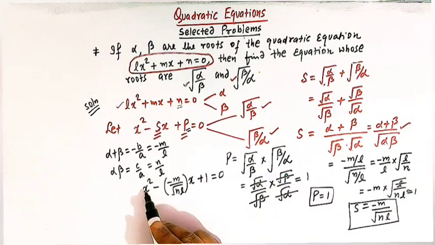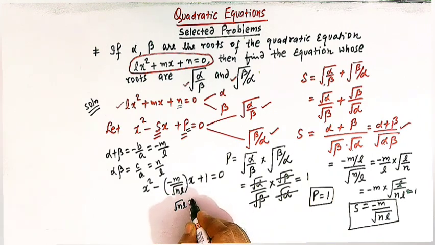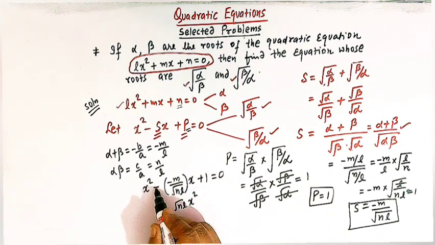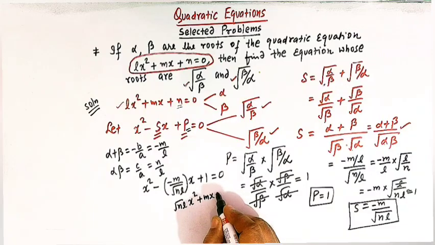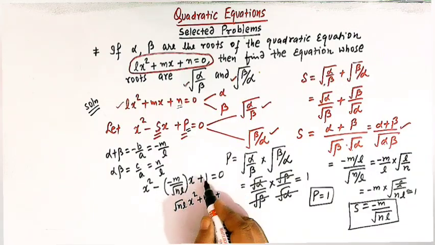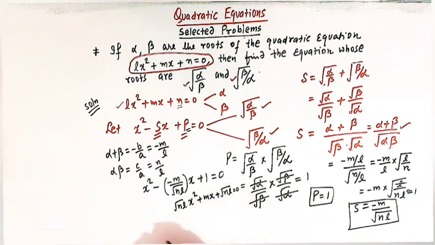Now multiplying throughout by square root of n times l, we have square root of nl times x square, minus and minus multiplied together becomes plus, so we have plus mx, plus 1 times square root of n times l, and this is equal to 0.